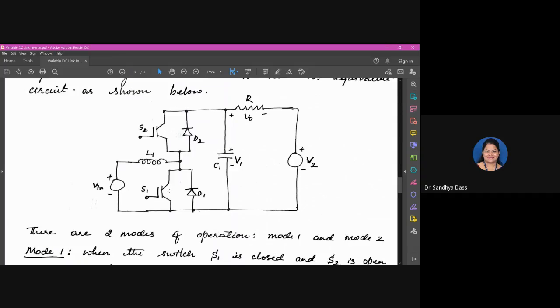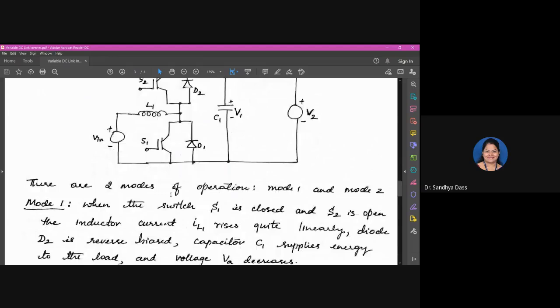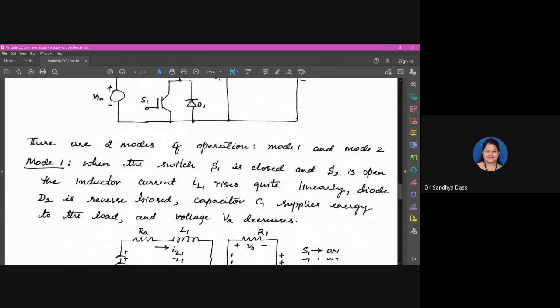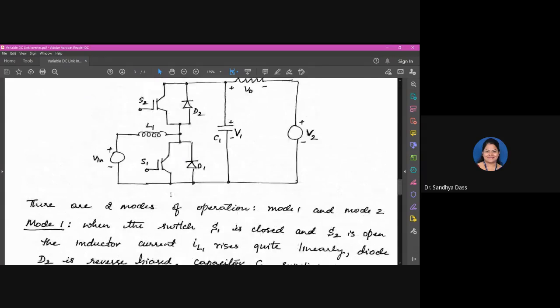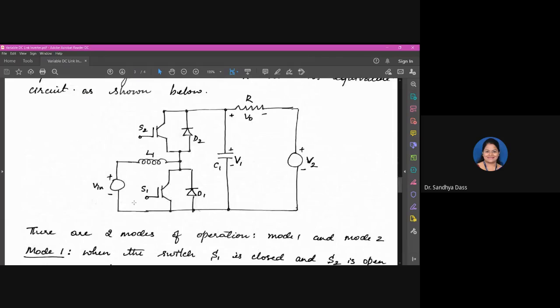So D2 will be reverse biased. Here the current path will be in this direction. So IL1 will be linearly increasing, that is, the inductor will be storing the energy. The potential at this point will be negative compared to this, which will be reverse biasing the diode D2, right? So the current path will be this.